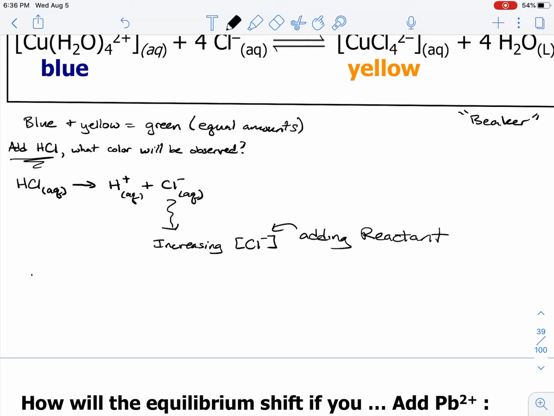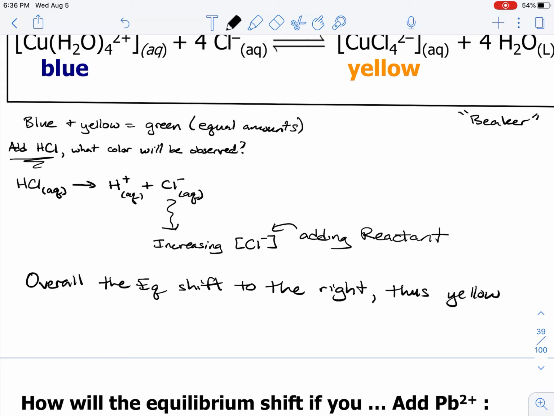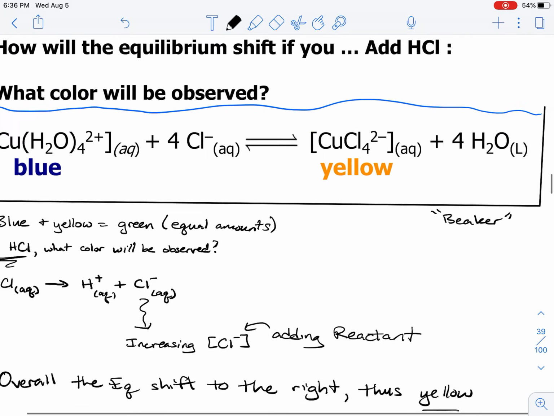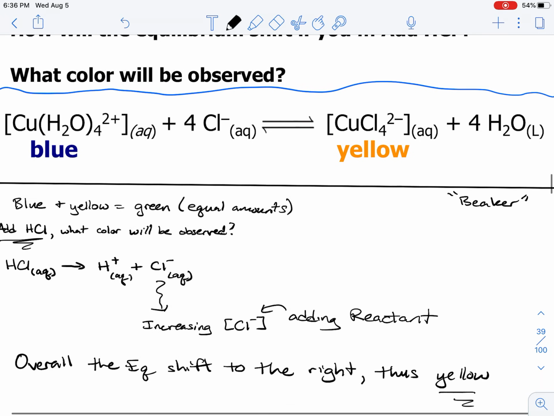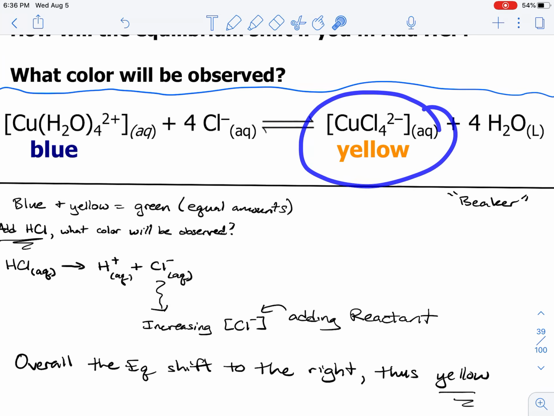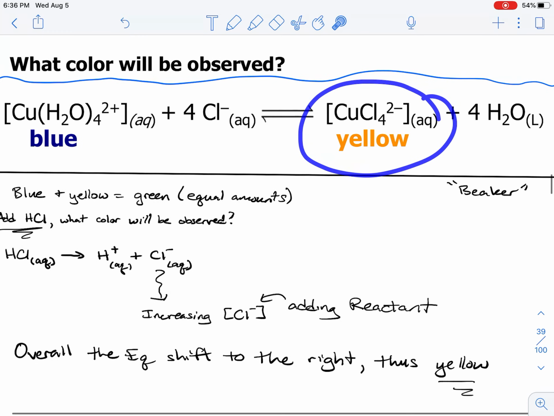And so overall, the equilibrium will shift to the right. Thus, yellow will be observed, because now we're favoring the production of products. Okay?